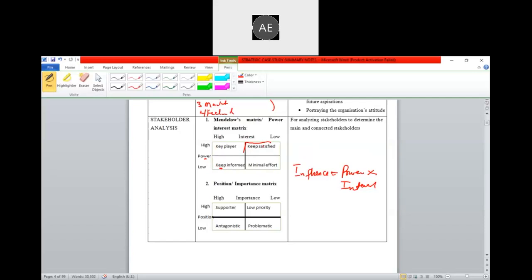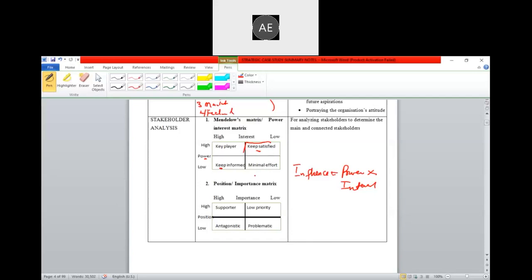He has power to change issues in the organization, to change decisions in the organization. But that stakeholder has no interest or low interest on a certain decision. Then that stakeholder is called, according to Mendelow, what? Keep satisfied.